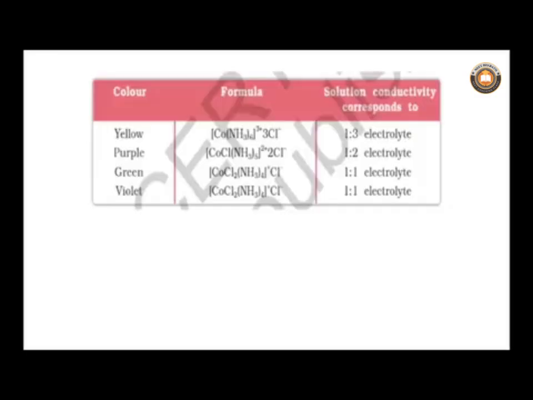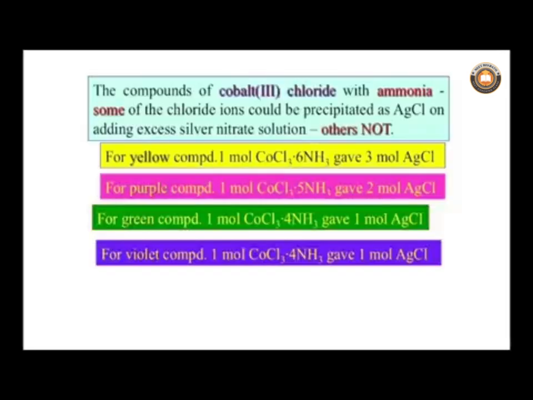So, this is again a good table, which is taken from your NCERT textbook, which will explain why we are getting the yellow compound, the purple compound, the green compound and the violet compound. The formulas we just saw were the molecular formulas.